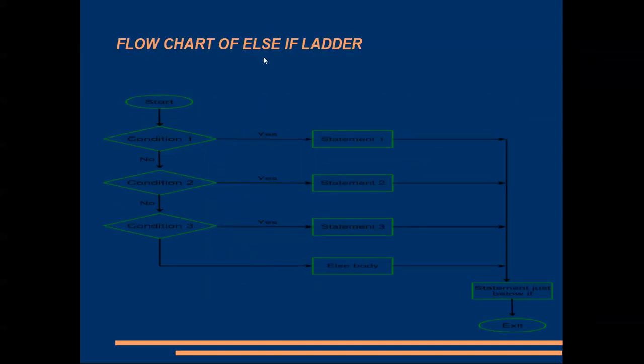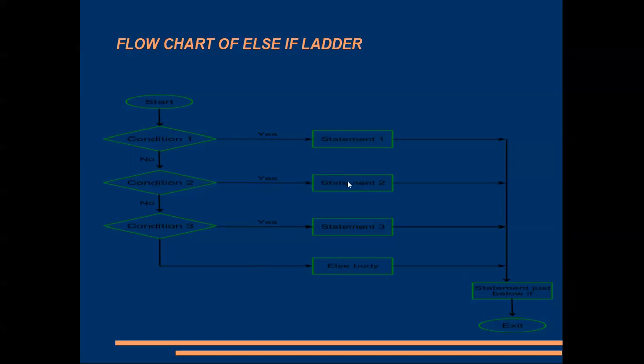Now we have a flowchart of the if-else ladder, showing how the statements are working. As you write the start, first condition 1 is checked. If condition 1 is true, then statement 1 is executed, and after that it goes to exit. If the condition is false, then it goes to condition 2.